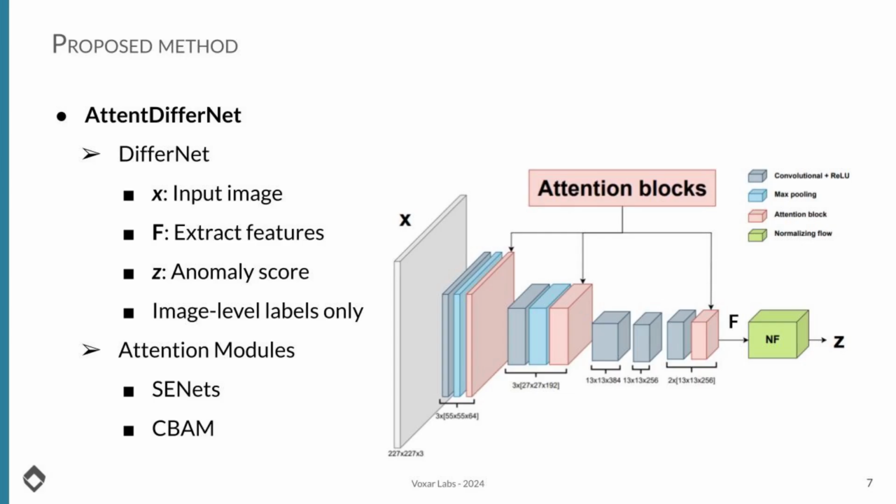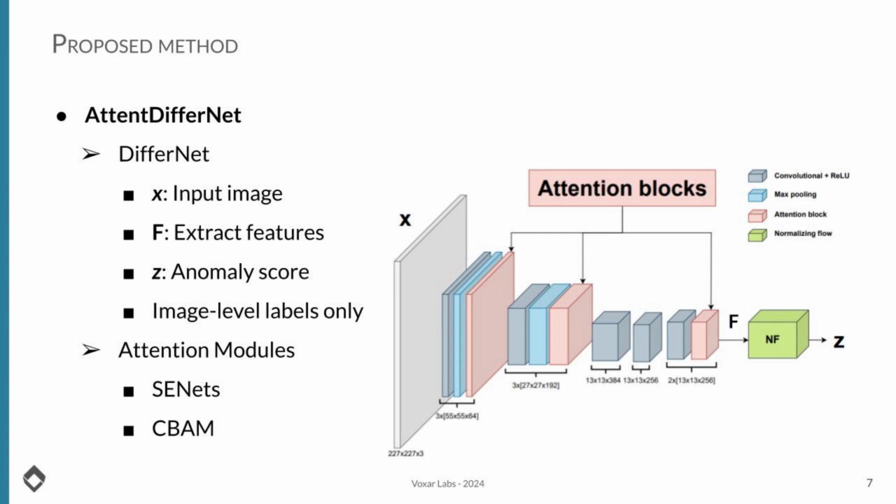For that, we propose the AttentDifferNet, which strategically combines the DifferNet method with attention modules by placing those attention blocks during the feature extraction step of the anomaly detection method. One block for each step of the process: the beginning, the middle, and the end of the feature extraction step.